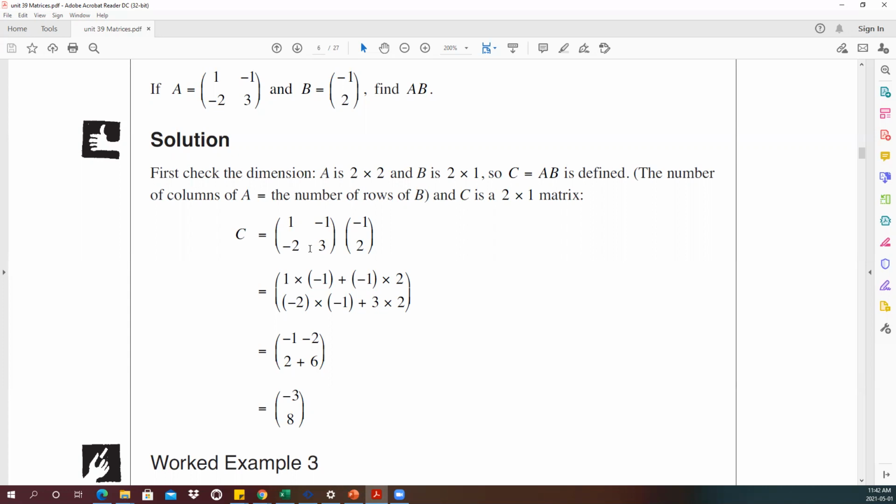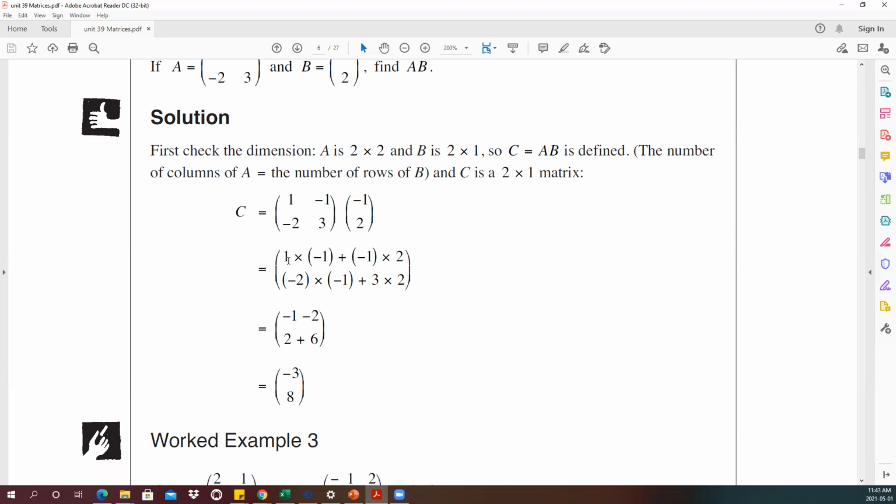Then here's another one now. Minus 2 times minus 1 plus 3 times 2. So the 7. Of course, you could call it the upside down 7. But just remember crossway down or crossway up, either way.